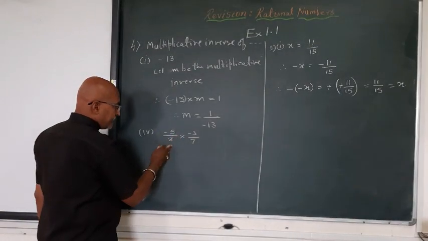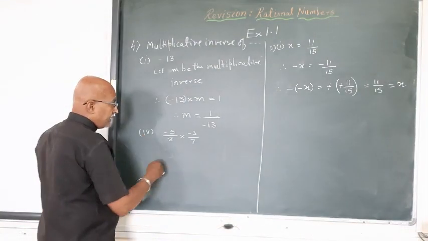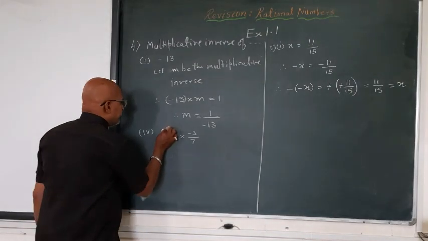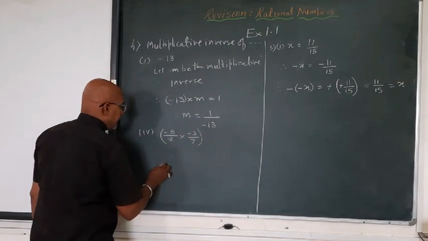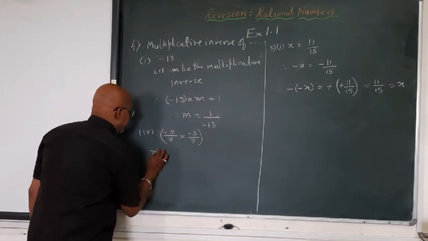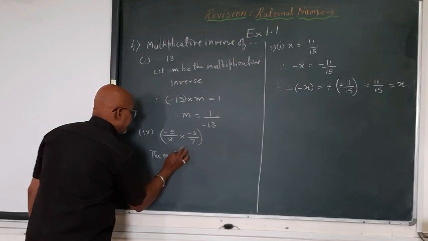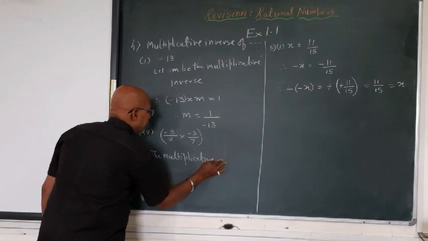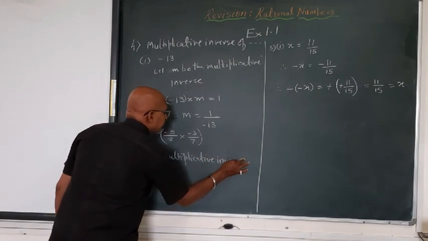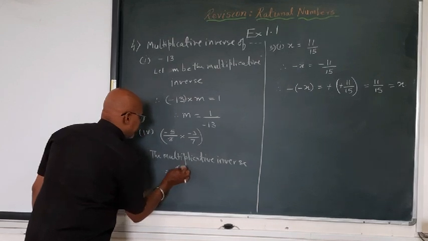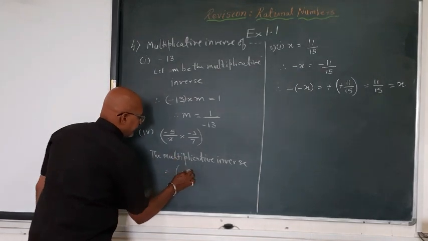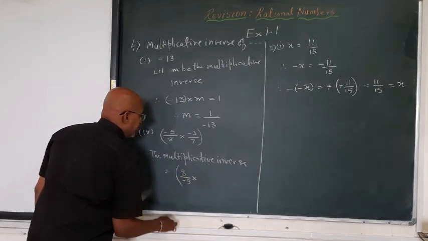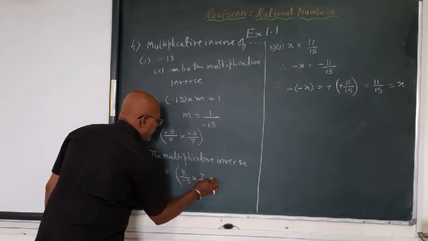So for these the reciprocal will be 8 upon minus 5, and for this it will be 7 upon minus 3. So if I write this in bracket, we can write the multiplicative inverse equal to, in bracket, 8 upon minus 5 multiplied by 7 upon minus 3.